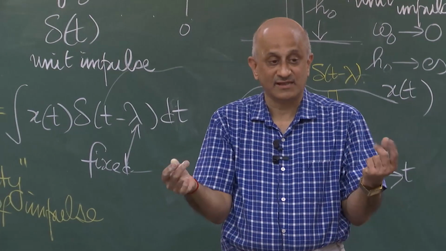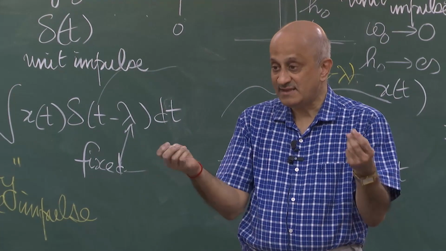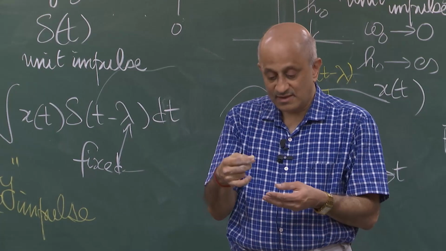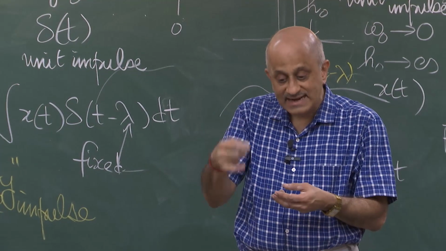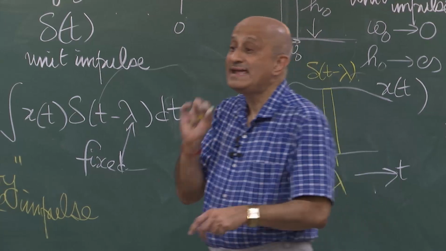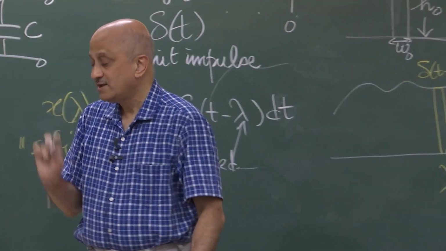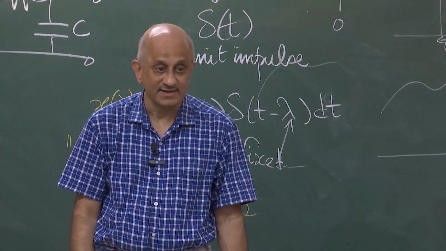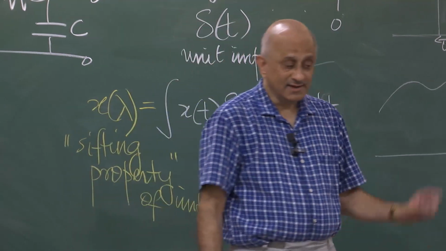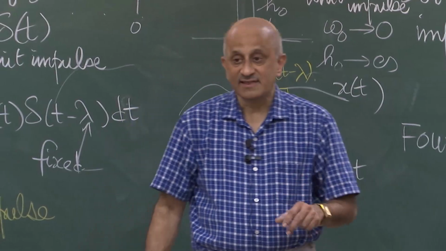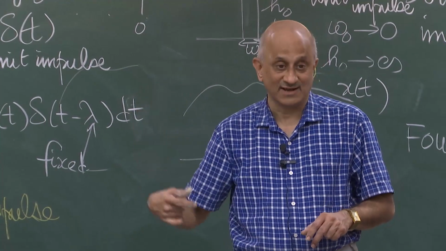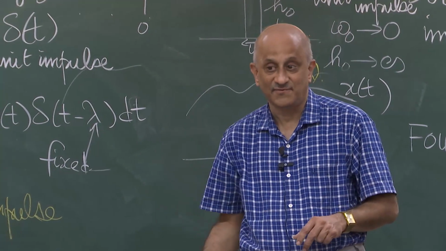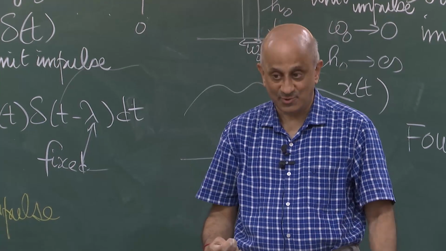That is the best way to explain it in Hindi. Essentially, sift means to separate out very fine grains or very fine pollutants. Is that right? That's what sifting is called, isn't it? Now, here you must think of the impulse as sifting out one part of the function, capturing just one part of the function, capturing just one value in the function.